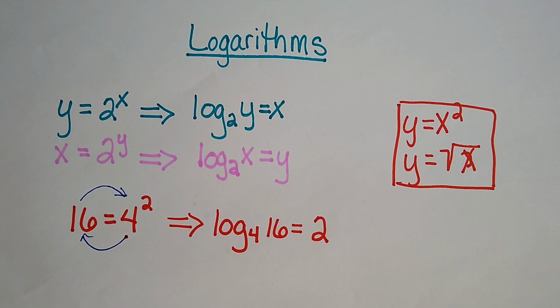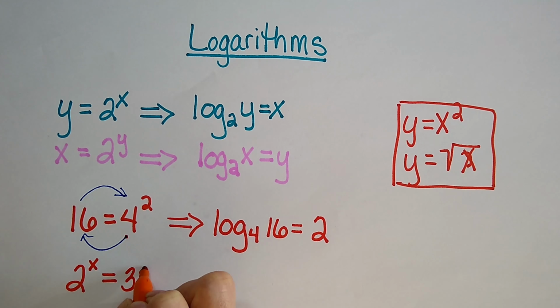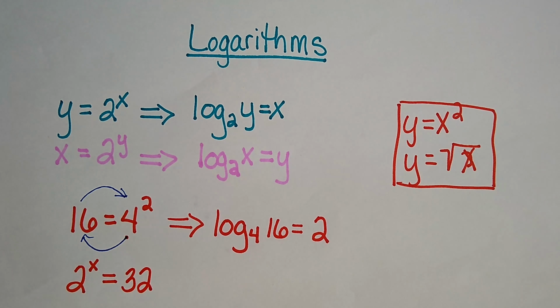Let's do another one. This time let's put in a variable. So let's say 2 to what power equals, let me think of something here, 32. We're not going to solve it, by the way. I just want you to convert it at this point. So I want to make an equivalent statement, but in a log, okay?